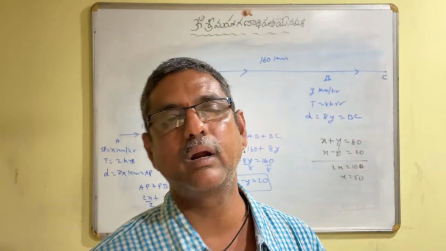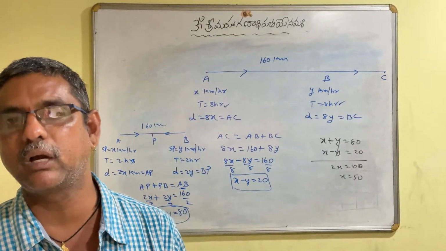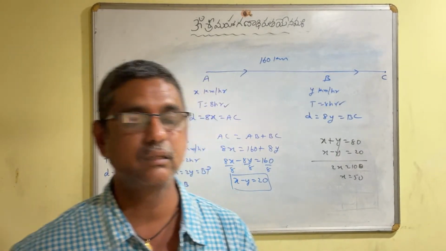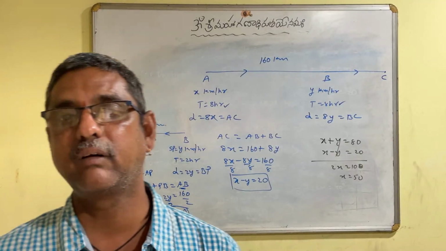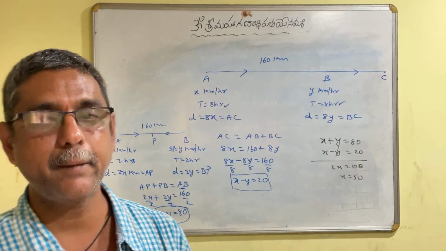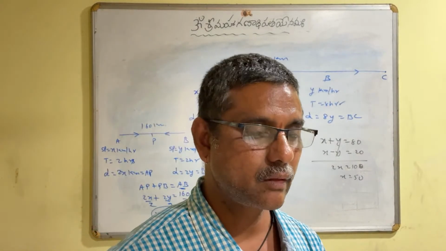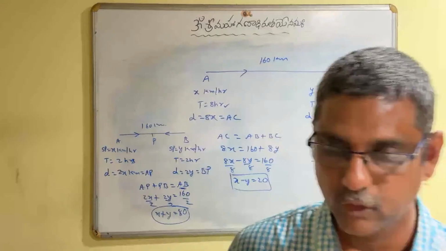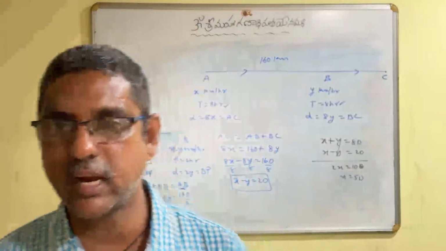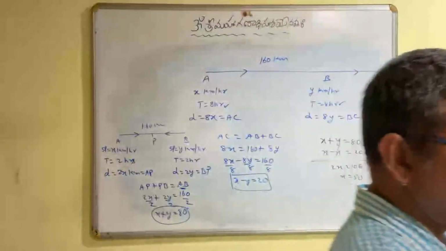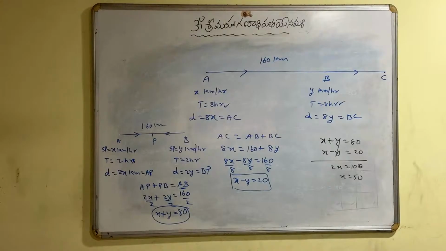Whatever the models we have discussed in word problems, you have to prepare all those models for the coming SA1 exam, in linear equations in 2 variables. So tomorrow we will start quadratic equation.